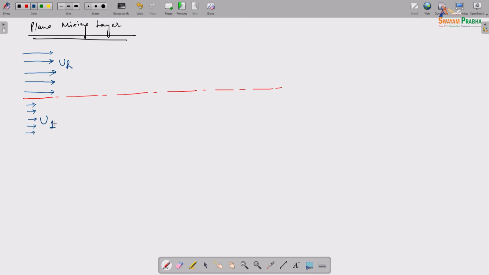And again we have here the y-axis, and we have a profile, and this is the characteristic length delta.